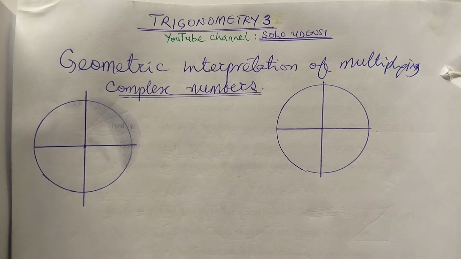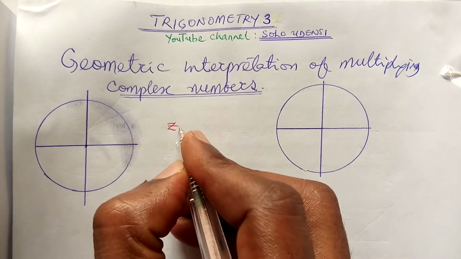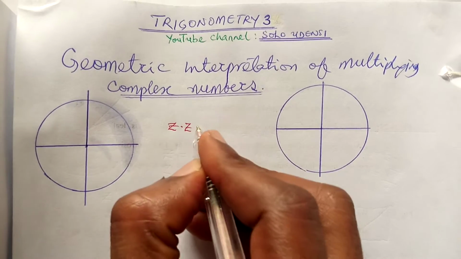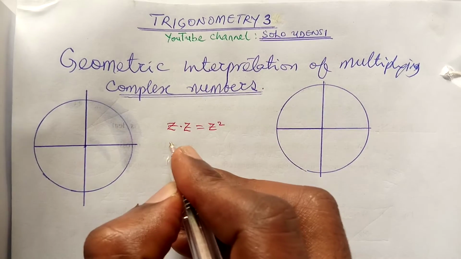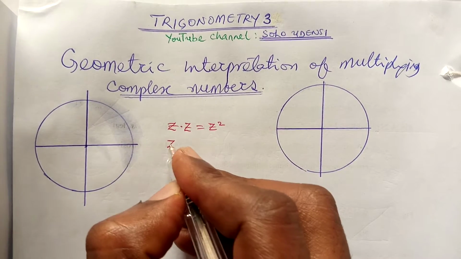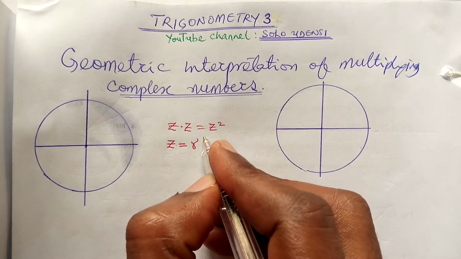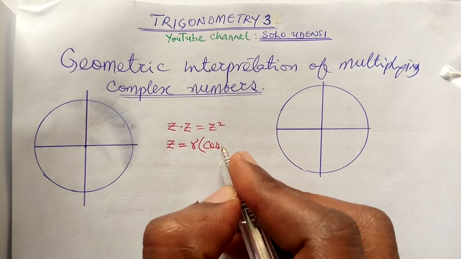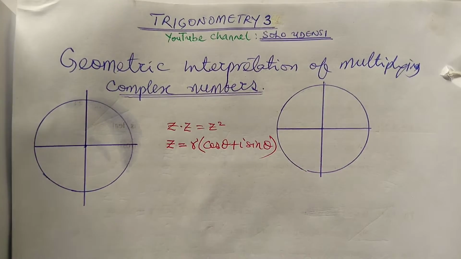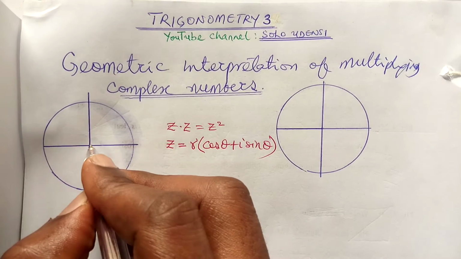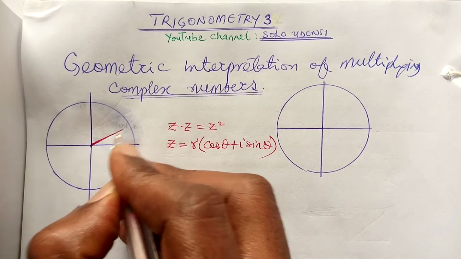First of all, we'll start by multiplying a complex number z with itself, so that we have z squared. Recall that z, in complex notation, is r into cos theta plus i sine theta. Let's assume that theta is around 30 degrees.